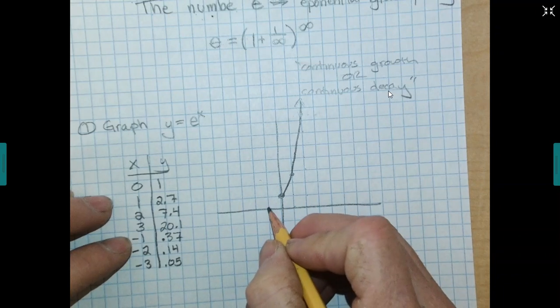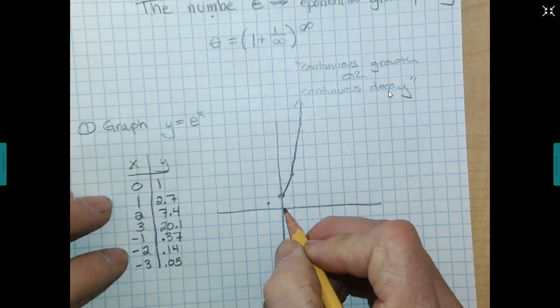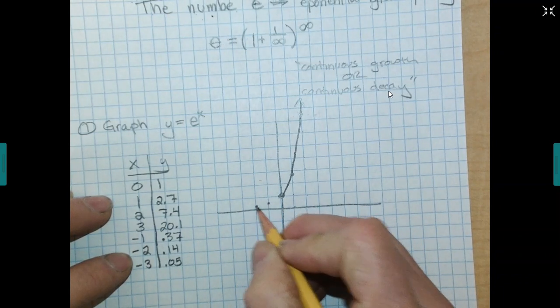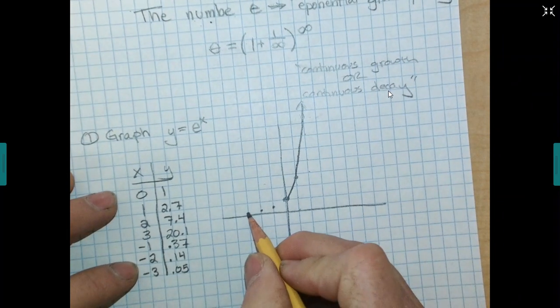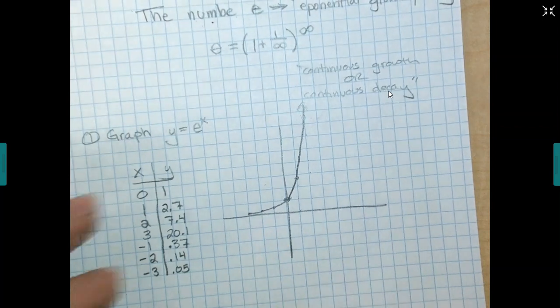Negative 1, 0.37; negative 2, 0.14; negative 3, 0.05. So you see it's getting really, really close to 0.